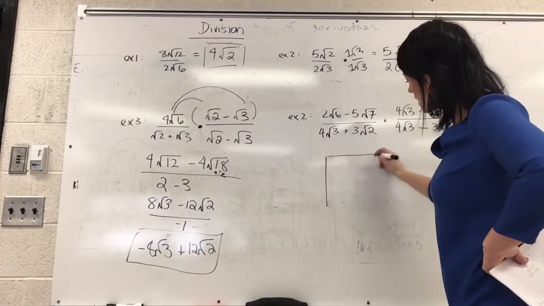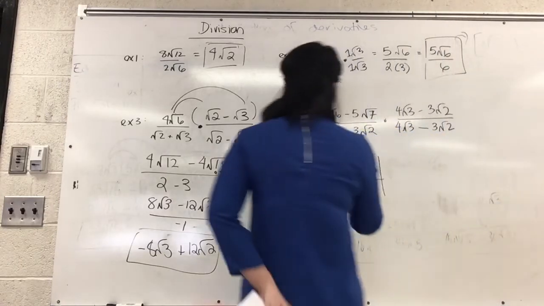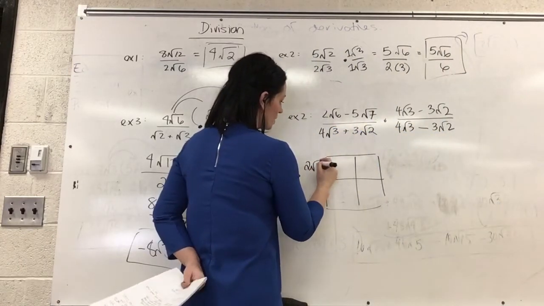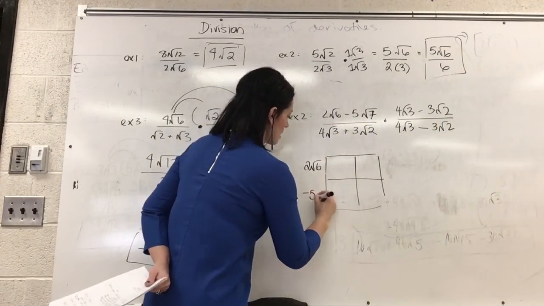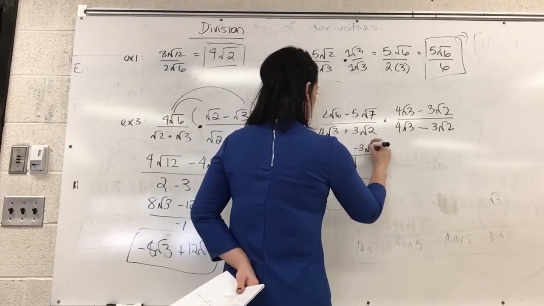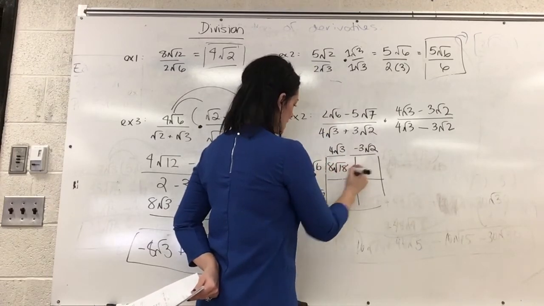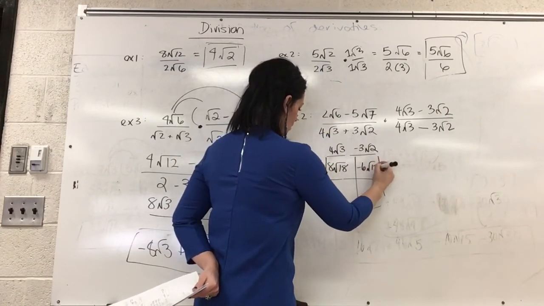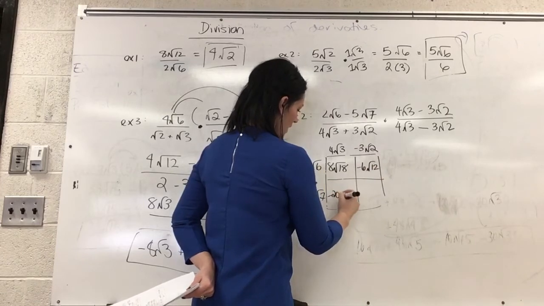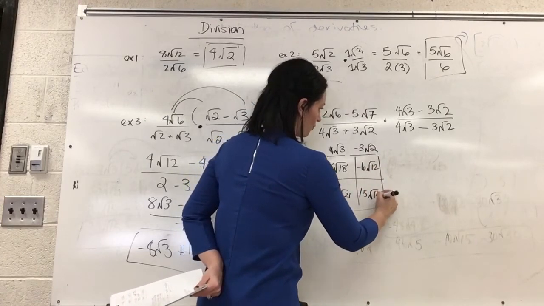So right now I'm just going to take a little break from the whole entire thing, and figure out what's going to happen when I multiply the top. So I'm going to use the box. So 2 root 6 minus 5 root 7, times 4 root 3 minus 3 root 2. So 8 root 18 minus 6 root 12 minus 20 root 21 plus 15 root 14.